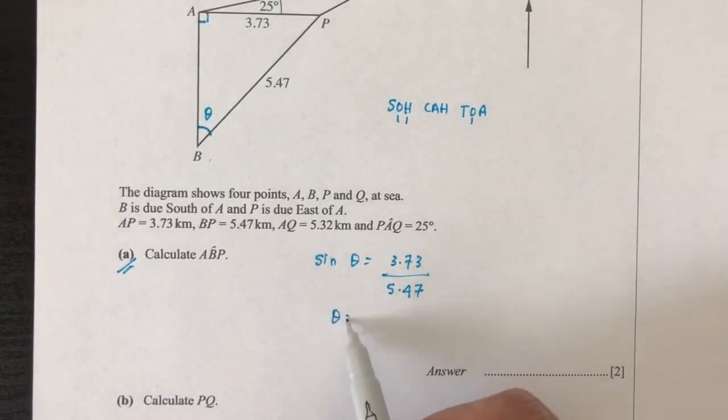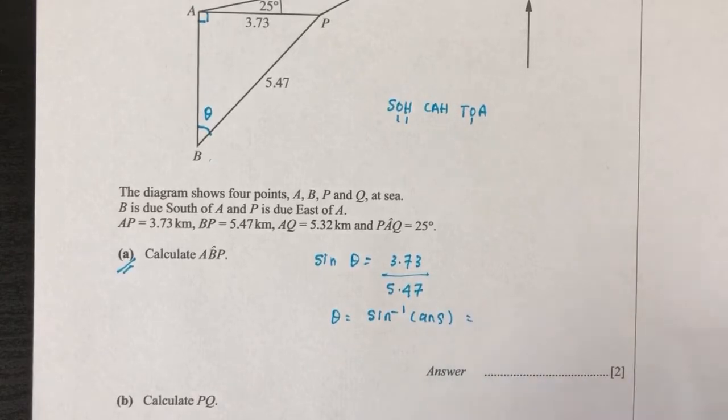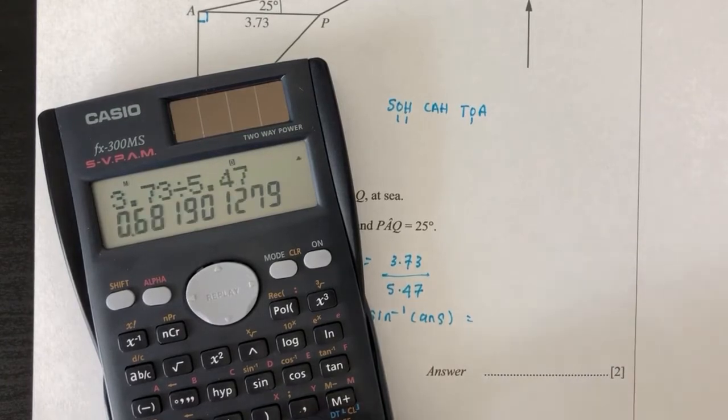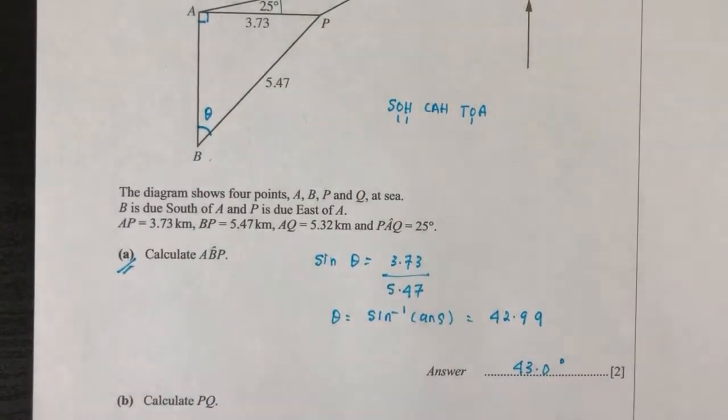So theta will be sine inverse of the answer. So let's do that. 3.73 divided by 5.47. Sine inverse of the answer will be 42.99. So 43.0 degrees, correct to 3SF.